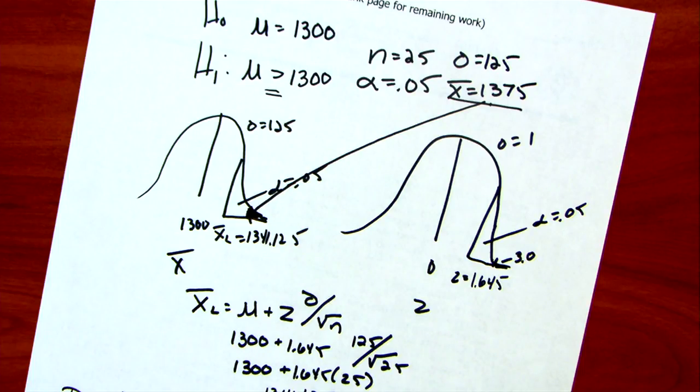Why is it what? I'm sorry. If it's less than 0.01. Yeah, if the p-value is less than the significance level, I reject. Is that what you're asking? I'm not sure if that's what you're asking.